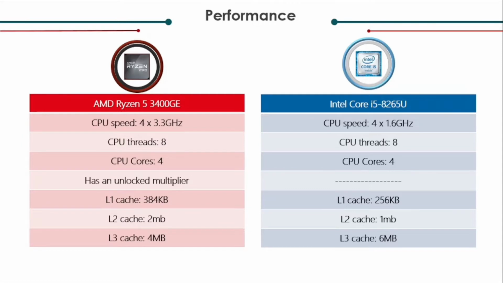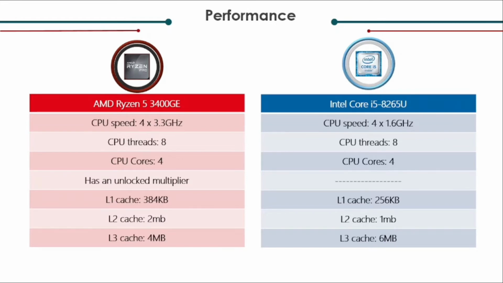The L1 cache for the AMD Ryzen 5 3400GE is 384 kilobytes, and for the Intel Core i5-8265U, we have 256 KB. The L2 for the AMD is 2 MB, and for the L2 for the Intel Core we have 1 MB.